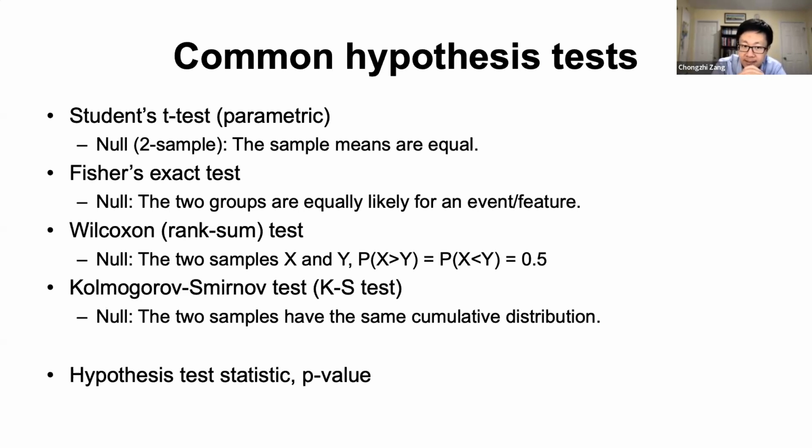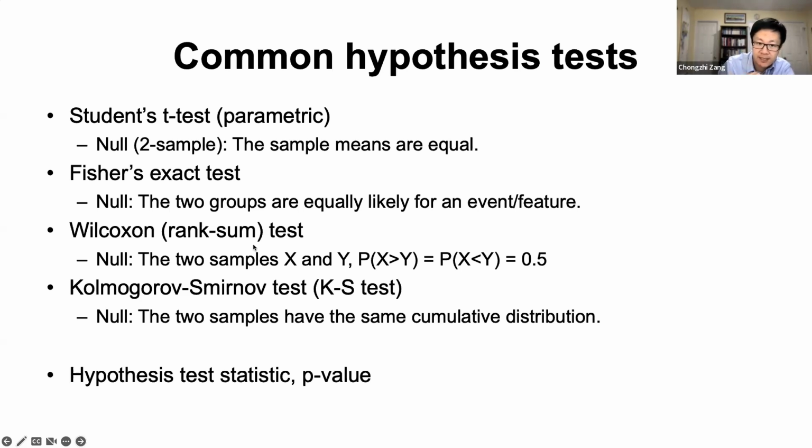The Wilcoxon rank sum test is a useful non-parametric statistical test of whether two samples are equal. The null hypothesis is that they have an equal chance of one being bigger than the other or less than the other. When we do a t-test, it's a parametric way that considers sample means.